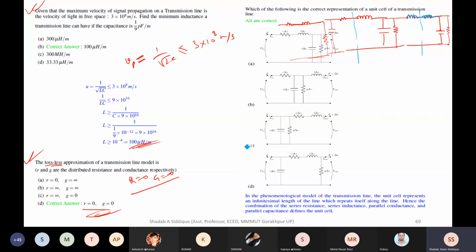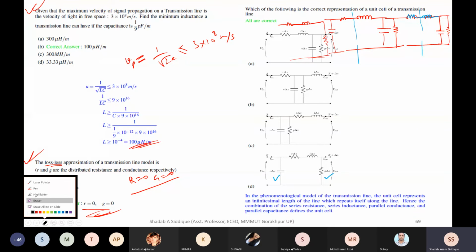In all these unit cells, you can see we have resistance, inductance, capacitance, and conductance. Here also resistance, conductance. This side may be inductance, this side may be resistance. We can have this type also, with capacitance this side and resistance. We just cut out the capacitance because the capacitance is already counted out.